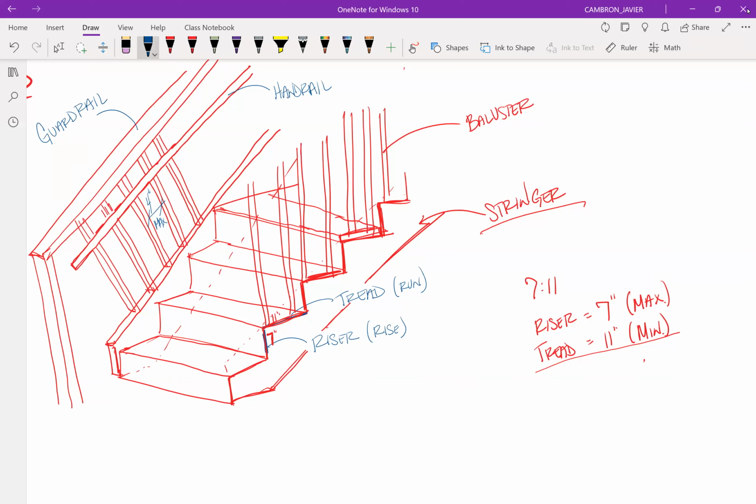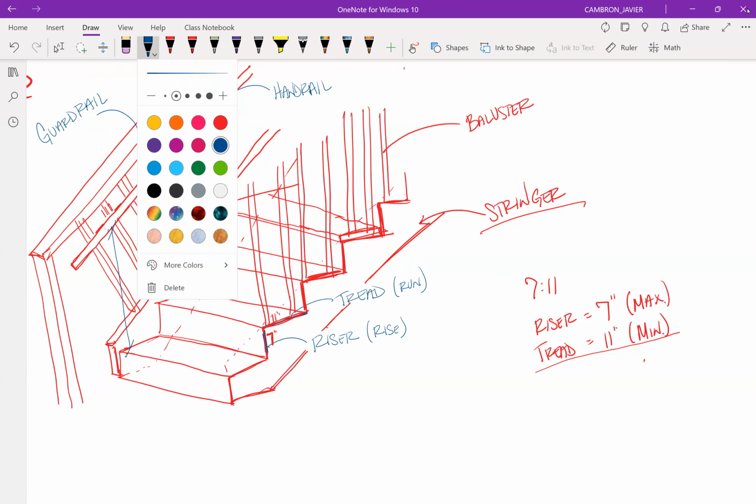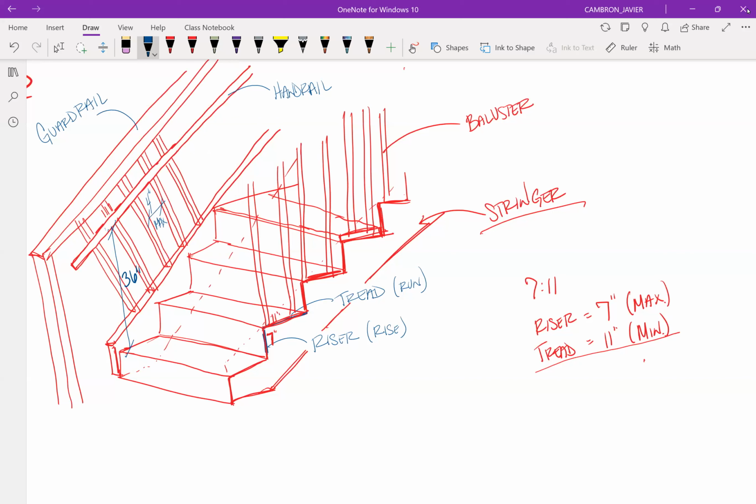The handrail has a height of 36 inches from the tread. Let's go with the thicker. So remember, this is the tread. So 36 inches at all times from the tread.